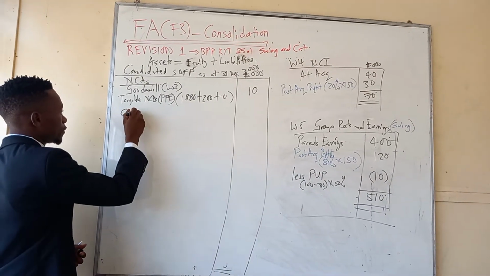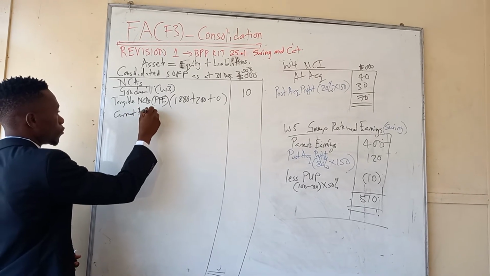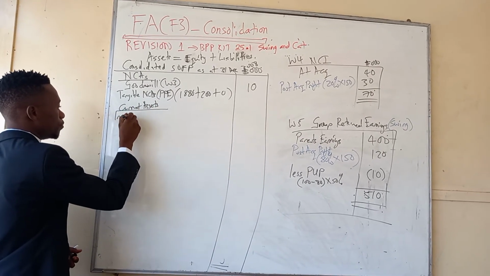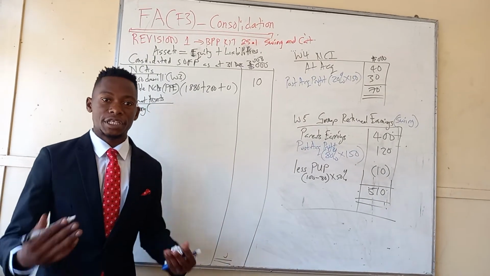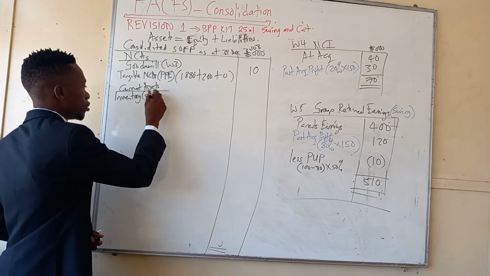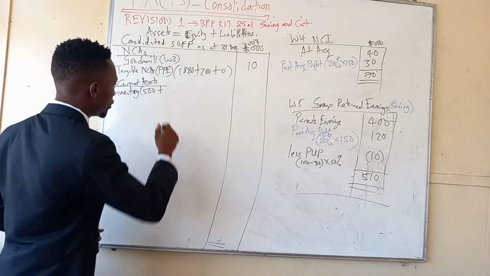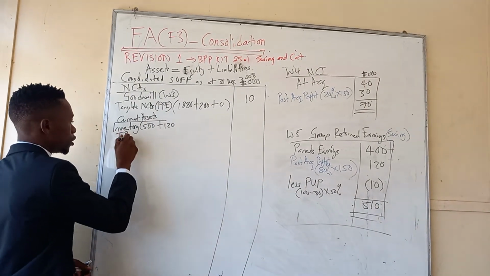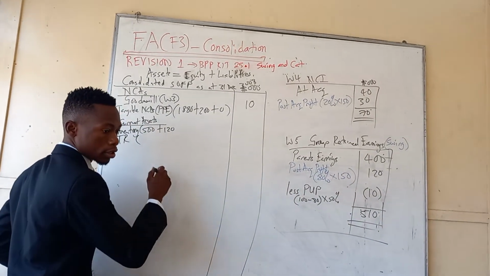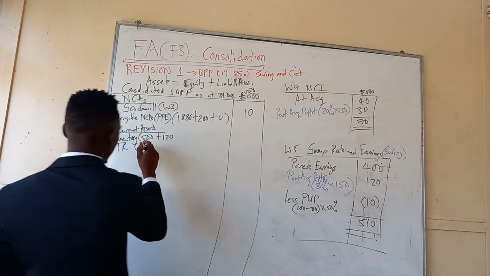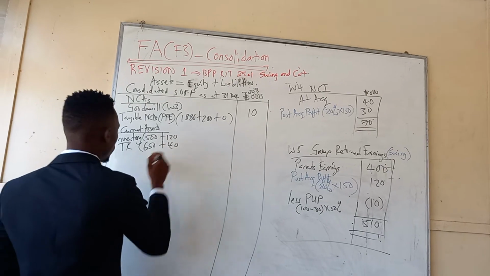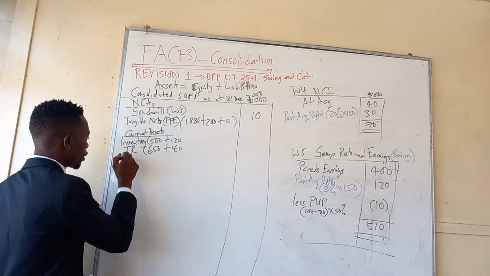Then what do we have? Under current assets, we have our inventory. Consolidation means adding together. Add subsidiary and the parent, trade receivables. Trade receivables, that's 650 and 40. We have the bank balance, bank and cash.